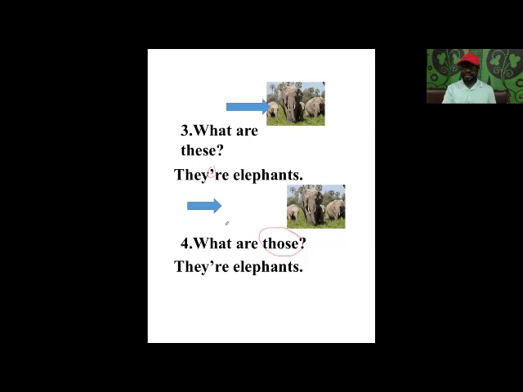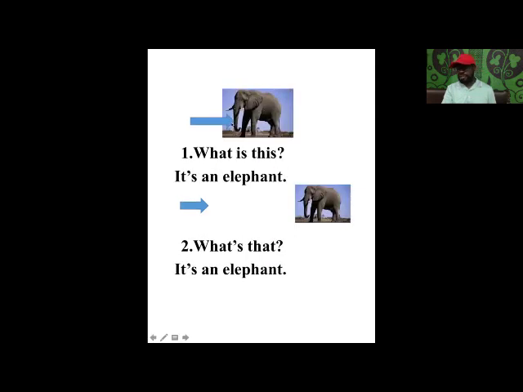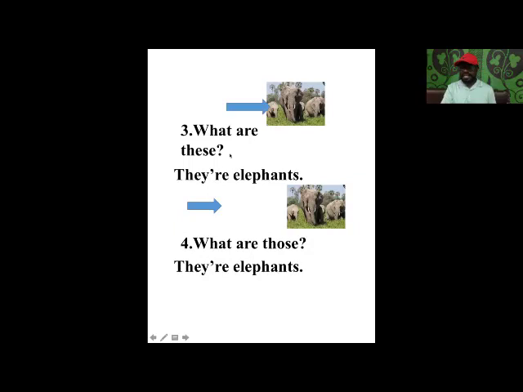These are many, you are touching. Those are many, you are pointing. This is one touching. That is one pointing. This, that. These, those. What are those? Not those. Those.